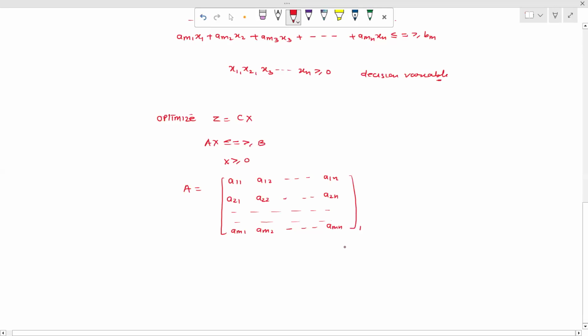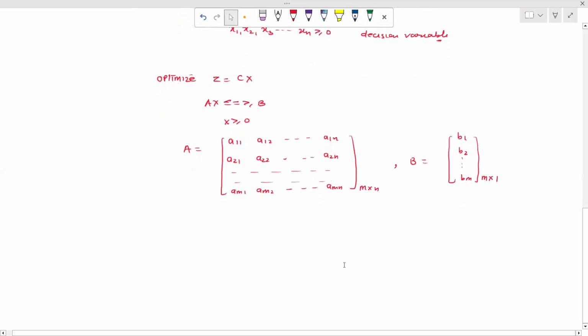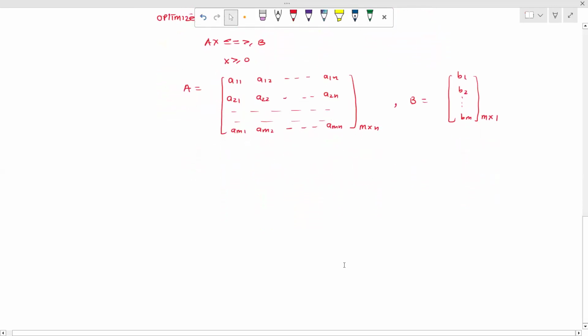So A is a matrix of order m by n, and B = b1, b2, and so on up to bm, a matrix of order m by 1, and x is the decision variables that are always positive. So this is the formulation basically when we do the formulation.